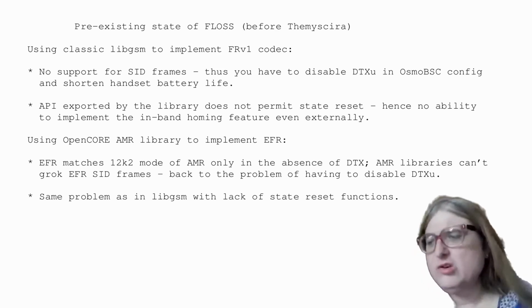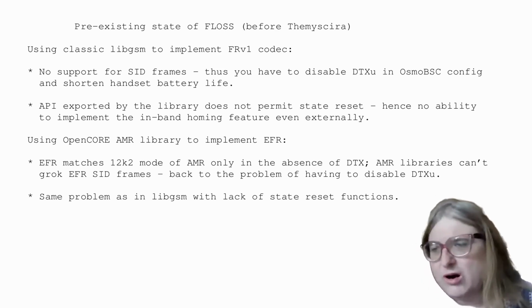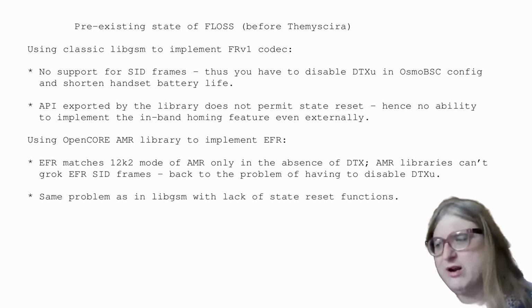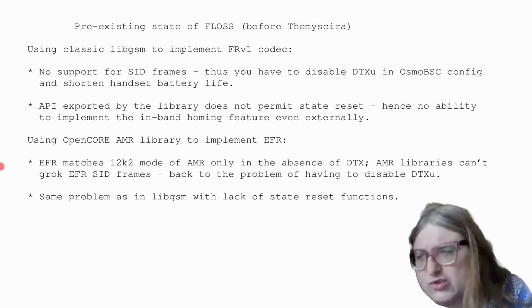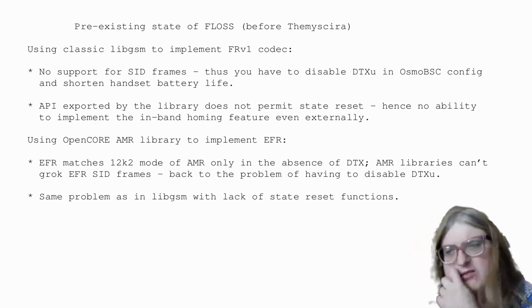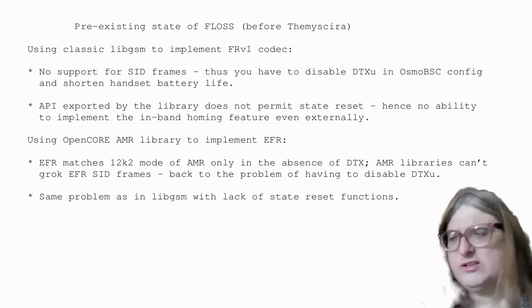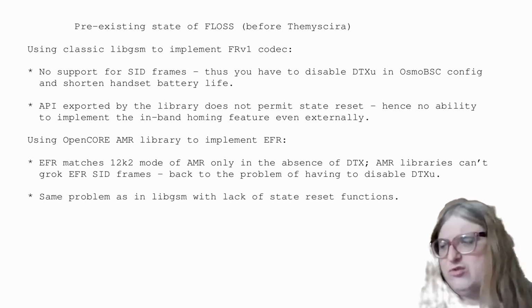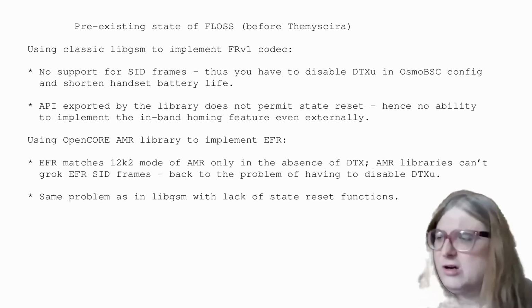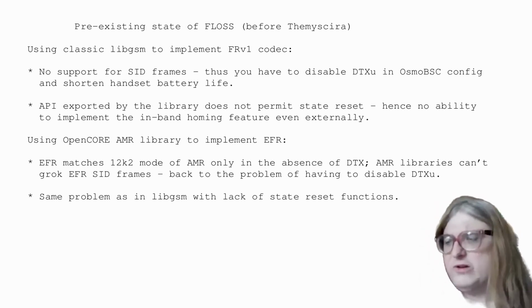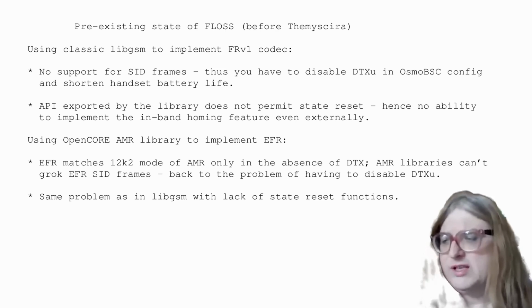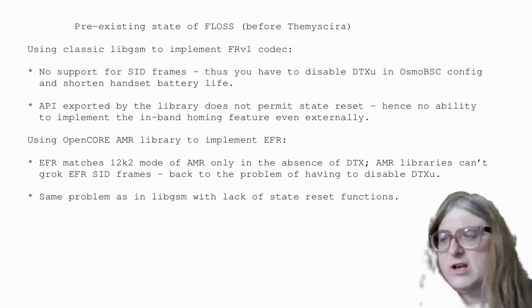But if you want to use libopencore AMR-NB to implement EFR, which some people have done, well, that's also really limiting, because you cannot do SID frames. People say GSM EFR is the same thing as the highest 12.2k mode of AMR. Well, yes and no. They are similar enough to be compatible for speech frames, but the way you do SID frames, silence detection, is completely different.